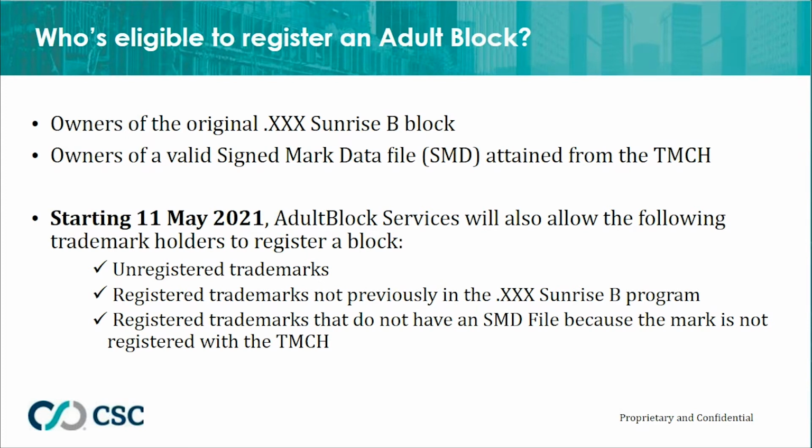So the registry is opening up the space beyond just the standard Trademark Clearinghouse registration and the original blocks, and will be allowing any trademark holder to apply for a block without a need to register that trademark with the Trademark Clearinghouse. Trademarks will be validated by a third-party validation agent, but the registry's hope is that they can help brand holders and unregistered trademark holders to also be able to participate in their blocking service.